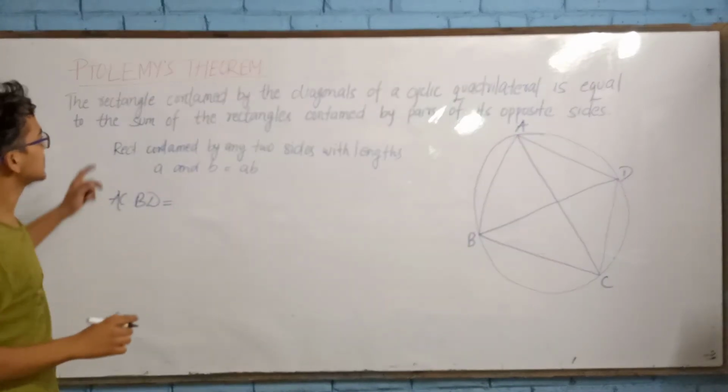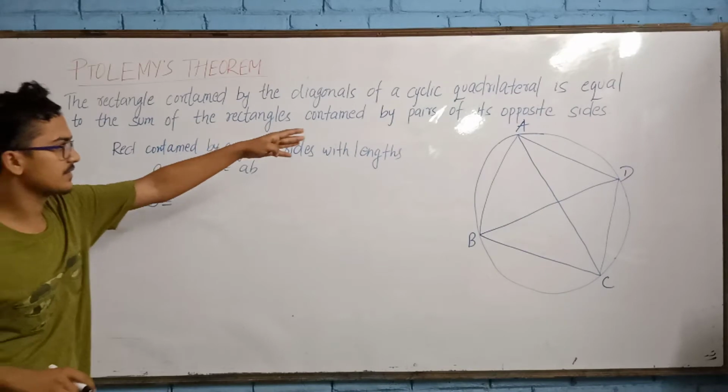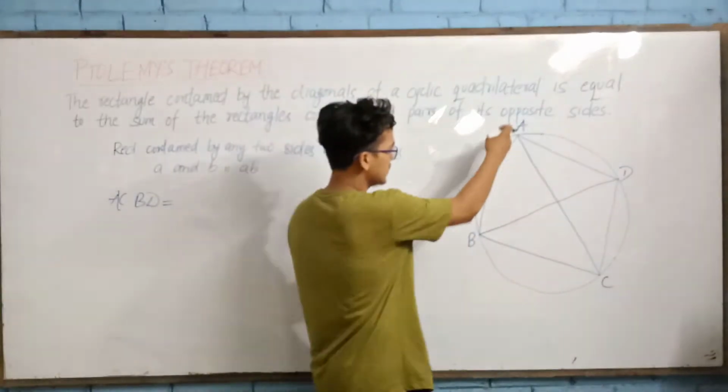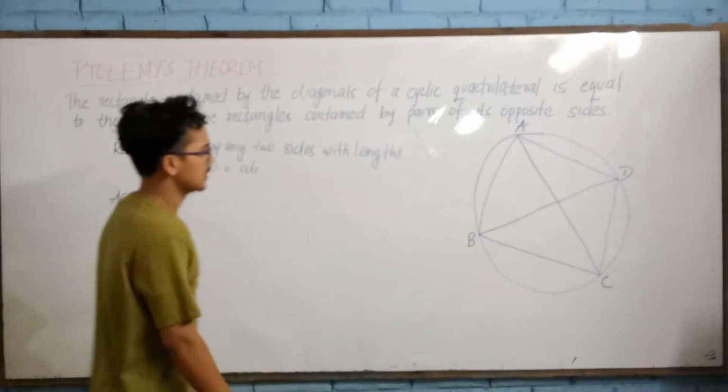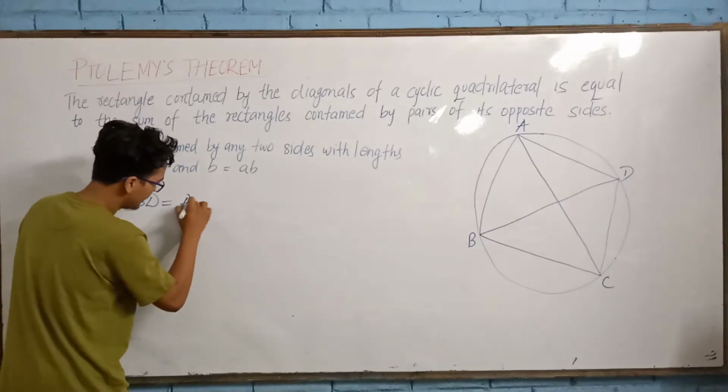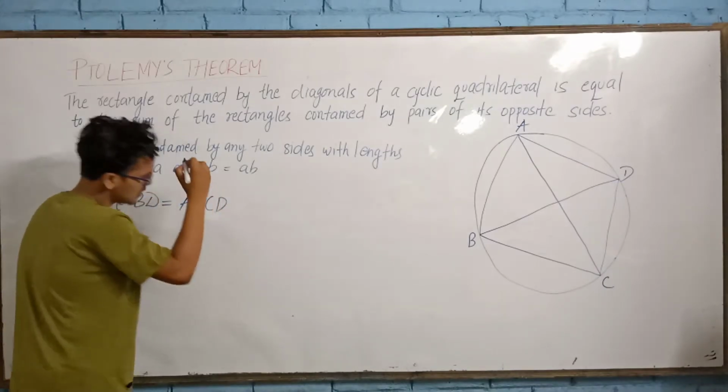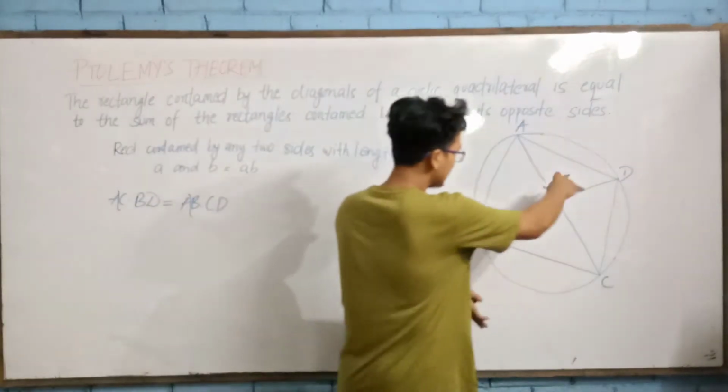This is equal to the sum of the rectangles contained by pairs of its opposite sides. So the first pair is AB, CD, so the rectangle contained by them will be AB into CD. And the second pair we have is AD and BC.